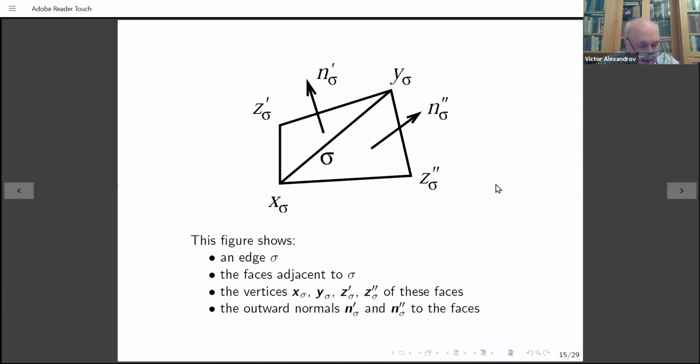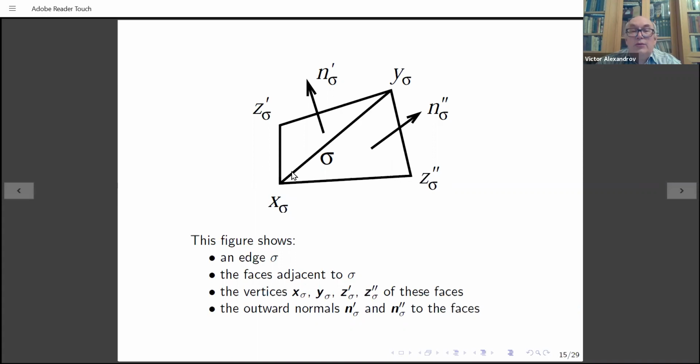In fact, this notation is highly overdetermined. I mean, first of all, I should take the vertex of the edge sigma, but I can say that this vertex is x sigma, not y sigma, and this is y sigma, not x sigma. This is my choice.